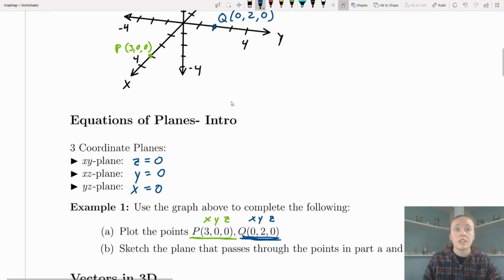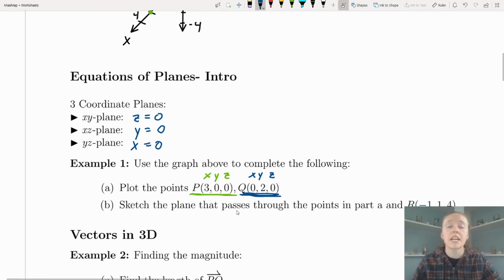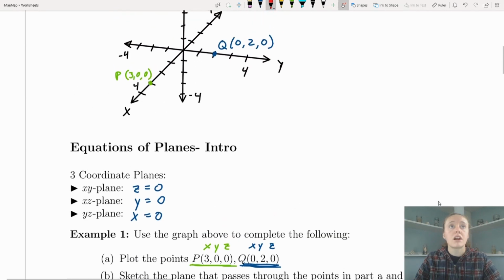Now in part B, it says to sketch the plane that passes through the points in part A, so that's going to be PQ, and it's going to pass through R of negative 1, 1, 4. So before we plot negative 1, 1, 4, let's think about a plane.